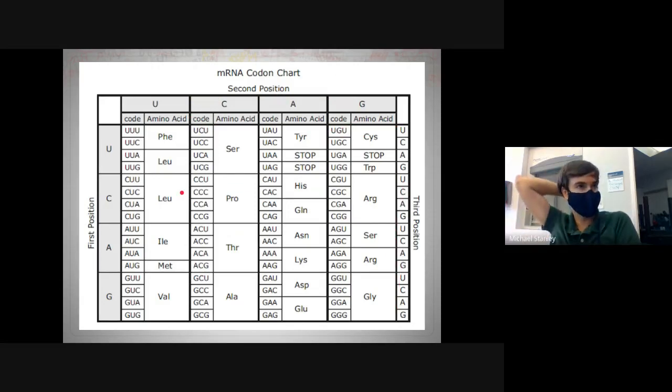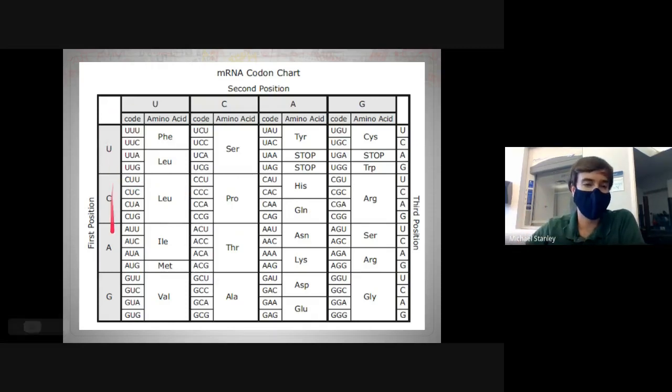So for example, if AUG was our codon, A is the first letter. So we look over here on the left. Okay, here's our A row. U was our second letter. So, okay, U up here is in that first column.